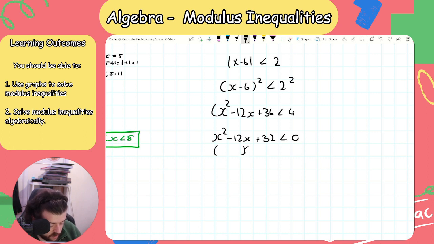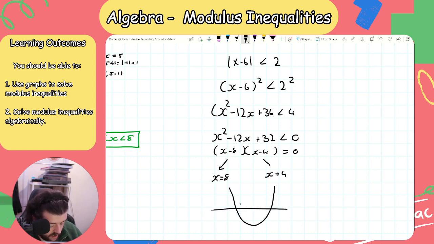To solve, I have x minus 8, x minus 4. They multiply to get 32 and add to get minus 12. So x is equal to 8 and x is equal to 4. Plot out my quadratic roughly, with roots at 4 and 8. Then less than 0 means below the x-axis.